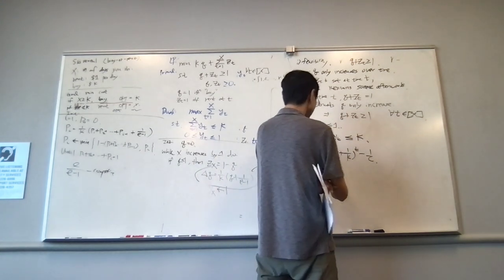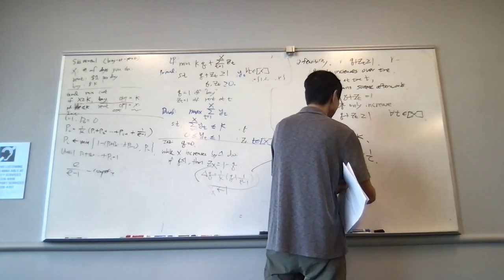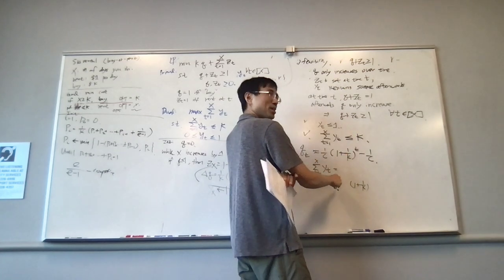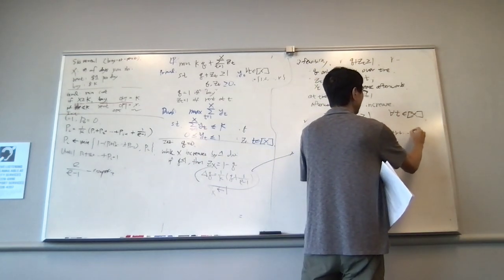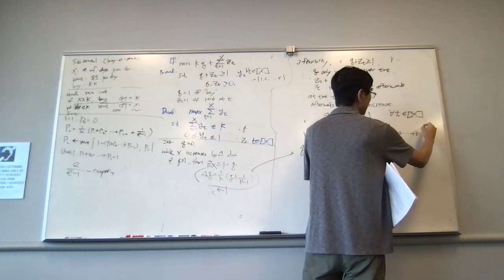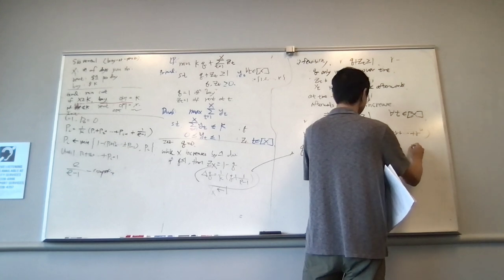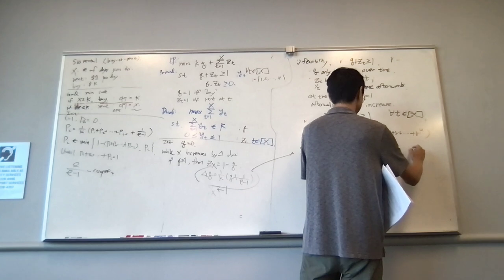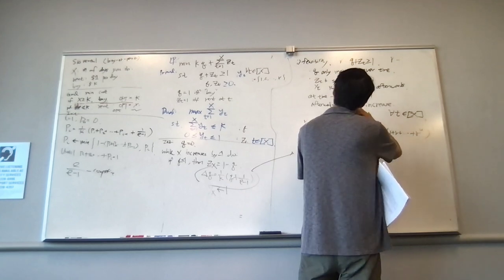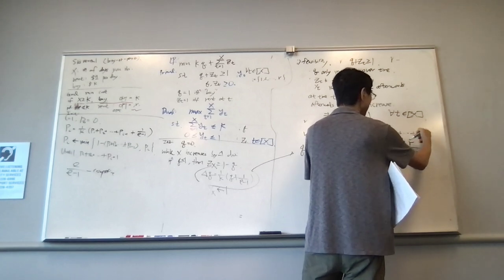And what is this? The ratio is 1 plus 1 over k. You know this, right? If you have a geometric sum, say, let's use u, a times the ratio to the power i minus 1, the last term.